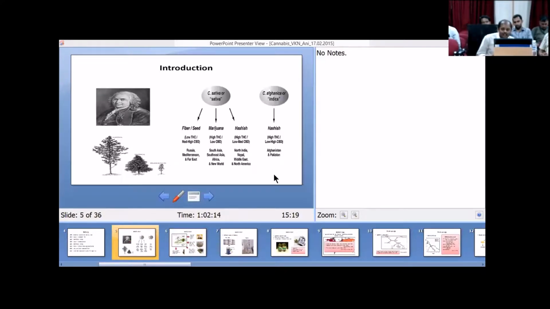Now, what is this cannabis? This plant was named as early as 1753 by the father of taxonomy, Carl Linnaeus.